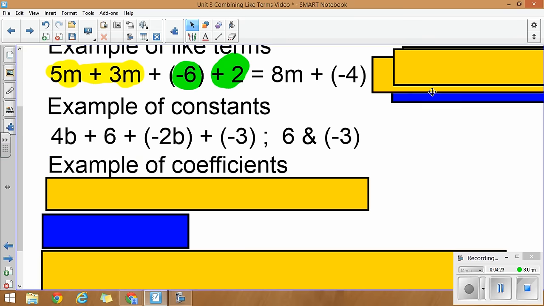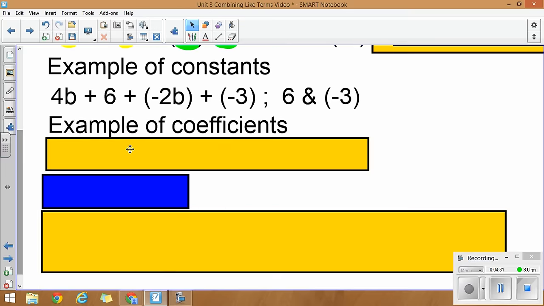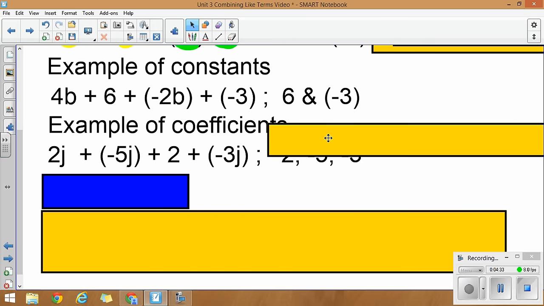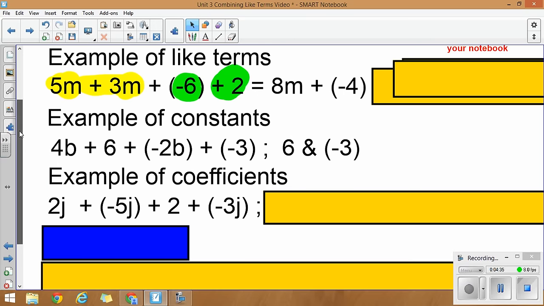Okay, next we're going to take a look at an expression and find examples of coefficients. Okay, coefficients are, for example, copy this example, 2j plus negative 5j plus 2 plus negative 3j. Coefficients are the number that's being multiplied or divided to a variable.